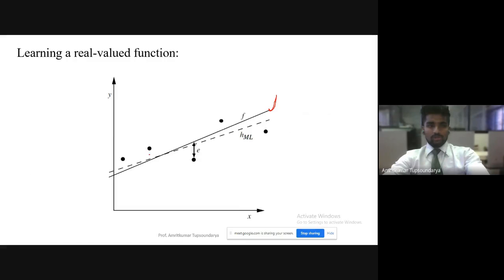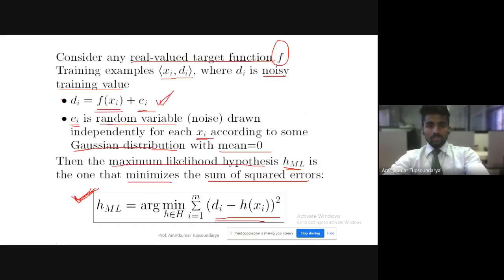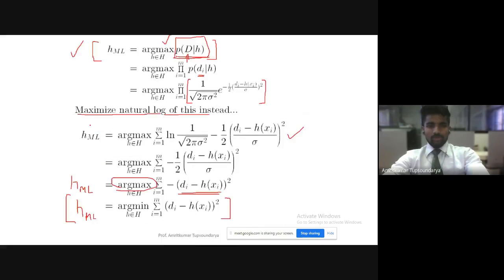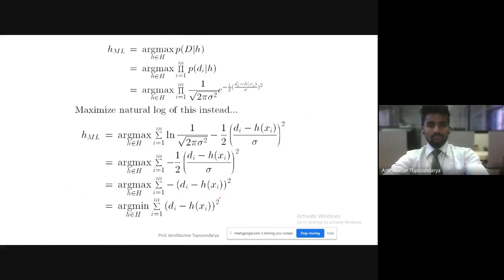And then we discussed learning a real valued function, considering the example of the patient data, and then we computed the formula for that, right? And how do we end up having that formula? We saw the derivation for that.